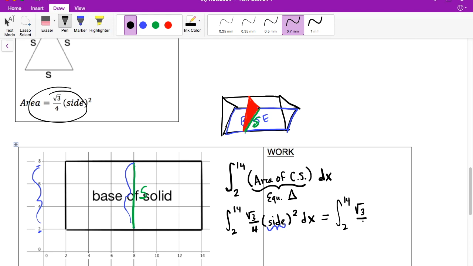So I can update this to the integral from 2 to 14 of root 3 over 4 times 6 squared dx. When we integrate this, and I'm not going to do that out, but you can do that with your calculator, you will get exactly 108 root 3, which is approximately 187.06.